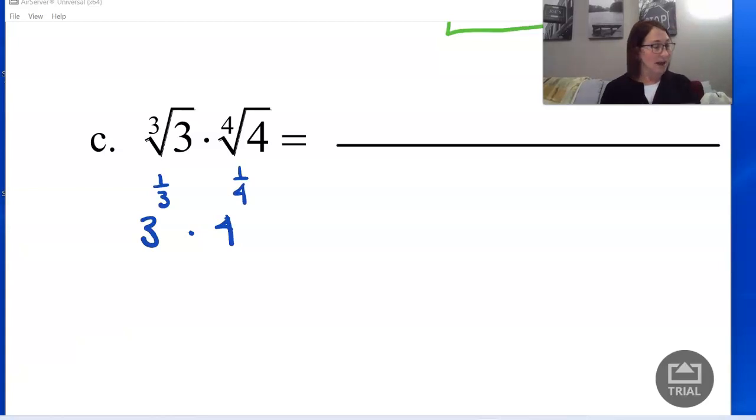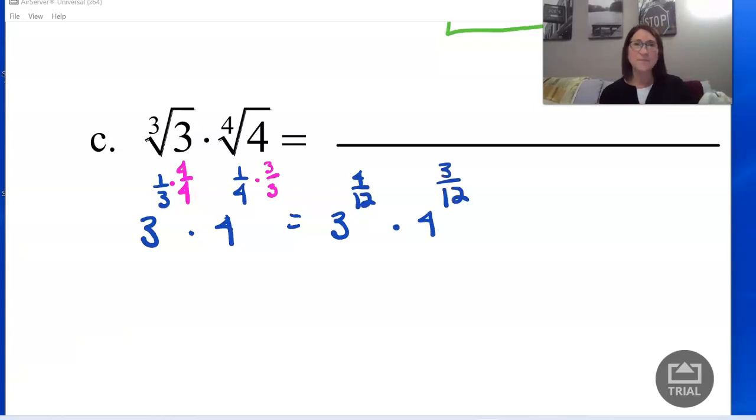I am going to find a common denominator and create equivalent fractions. This is different than the last one because I don't have the same base, but that's okay. So I'm going to multiply this first fraction by 4/4, the second one by 3/3. So now I've got 3 raised to the 4/12 times 4 raised to the 3/12.